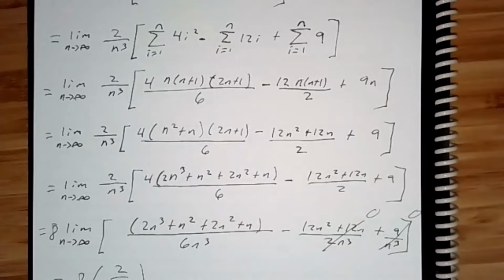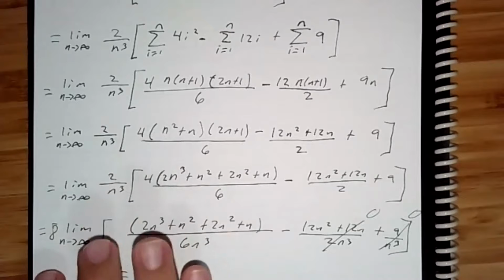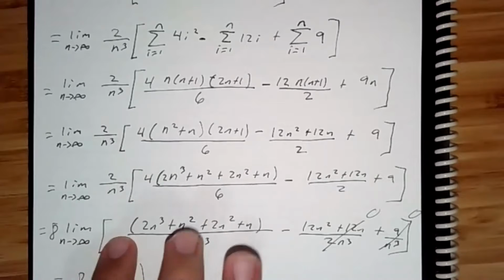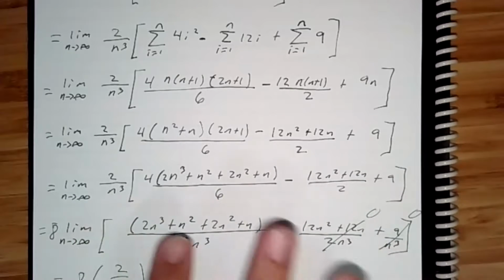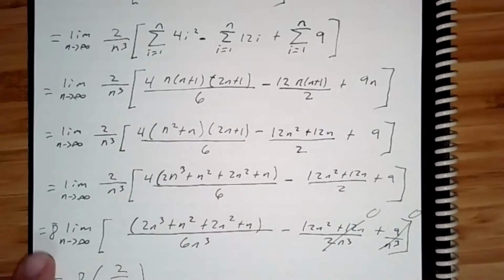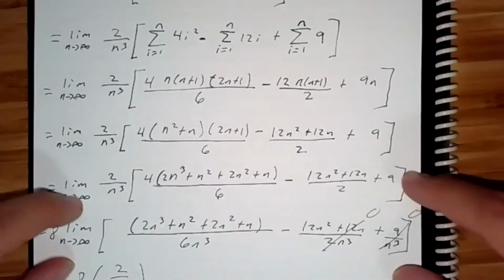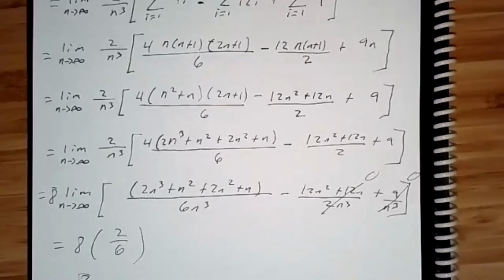You can ask me where the 8 comes in the very front. The limits allow you to pull out constants. So I said, you know what, I don't want to leave it here because I'm taking the limit of everything. I can leave it, but it's easier to understand that way.